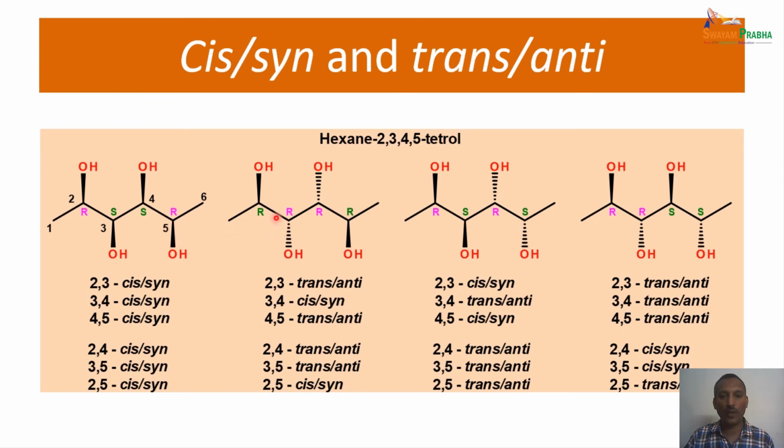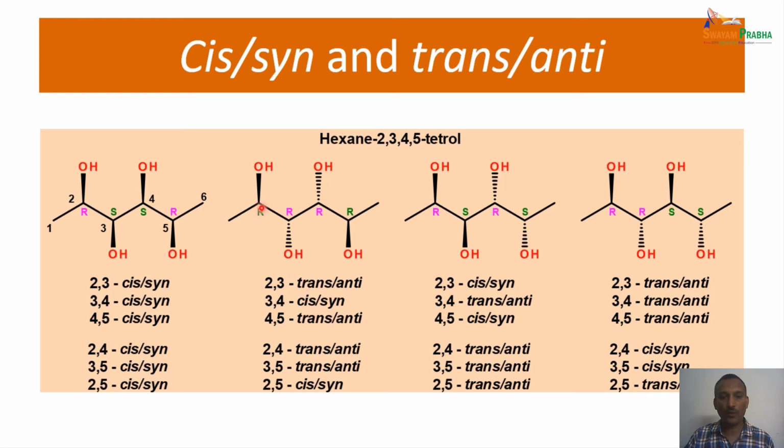The same way we can extend this to other substituents. In the second substituted molecule, the first group is pointing towards the observer, the second group is pointing away from the observer. So this is an anti or trans arrangement. And between 3 and 4, both are pointing away from the observer, so that is a syn arrangement. Between 4 and 5, one is pointing away from the observer, the other towards the observer, so this is a trans or anti arrangement.